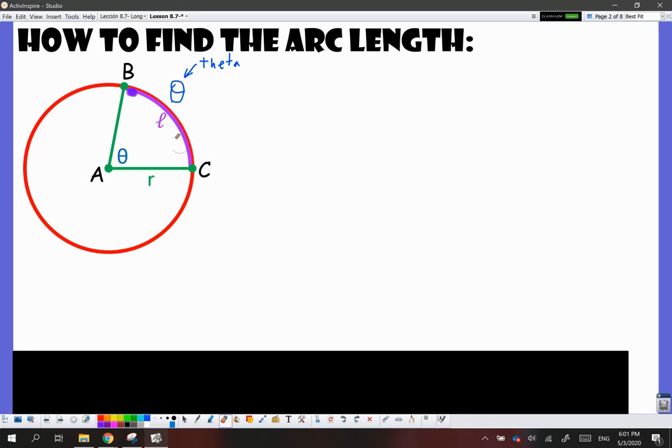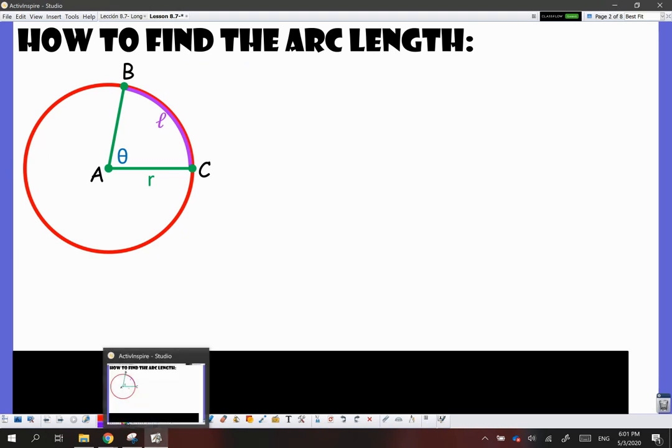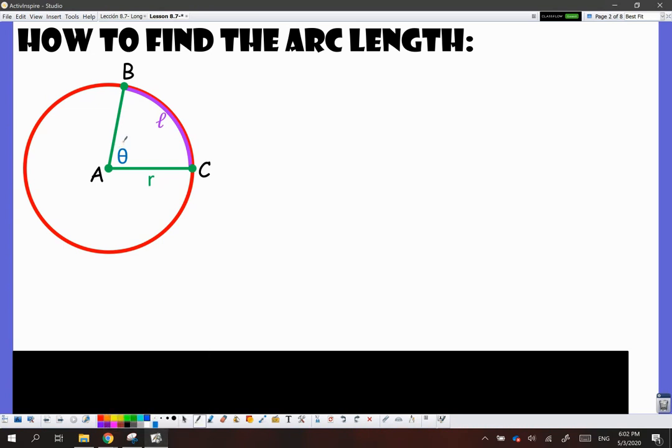So how do we find it? To find the arc length, what we need to do is first figure out how much of the arc we have compared to the total circle. Because there are two things that I know for sure. I know that the total angle measurement around the circle is always 360 degrees.